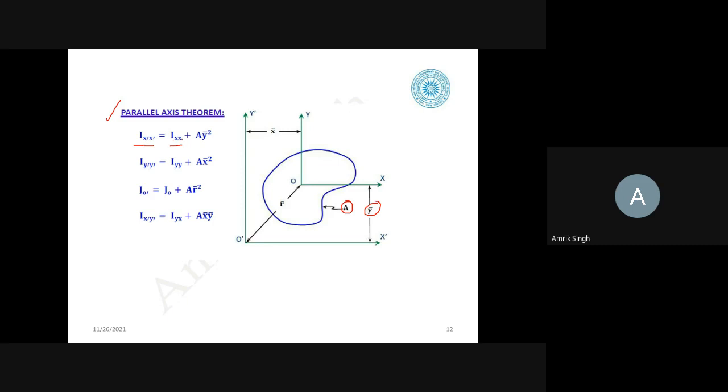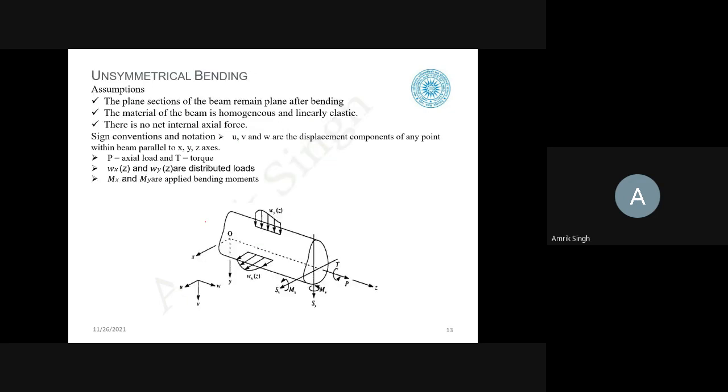Similarly, we can calculate for Iyy: it will be Iyy plus area into x square. Polar moment of inertia, Ix plus A R square. For the product moment of inertia, Ixy plus A into x into y. These are the formulae which we may be using in the future.